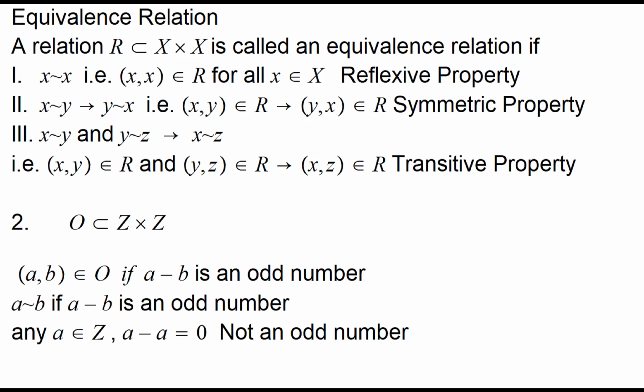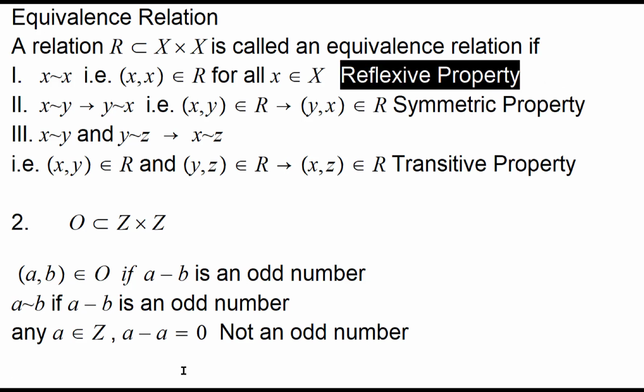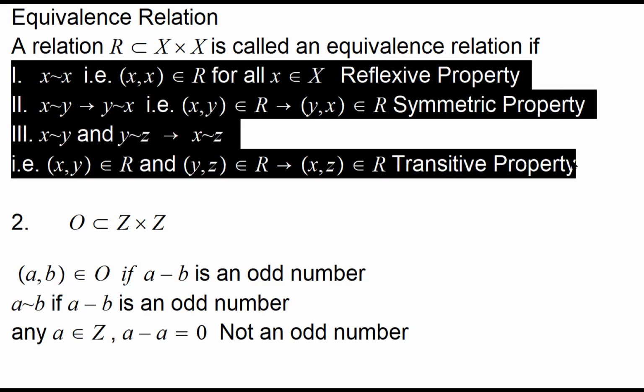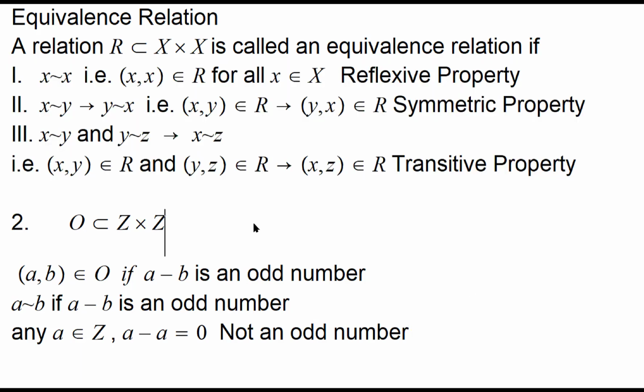So this does not satisfy the reflexive property. It has to satisfy all three of these, so one of them is not satisfied. So right here, we check that this is not an equivalence relation.